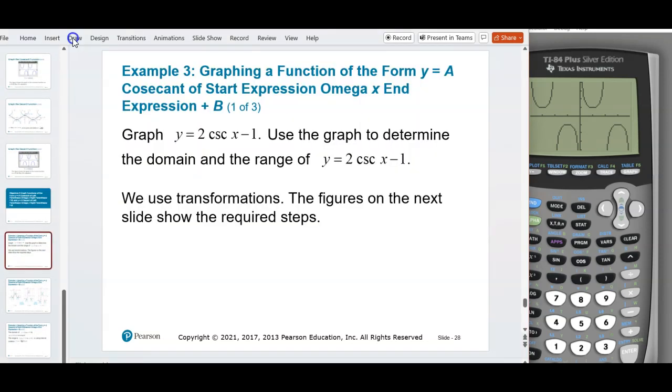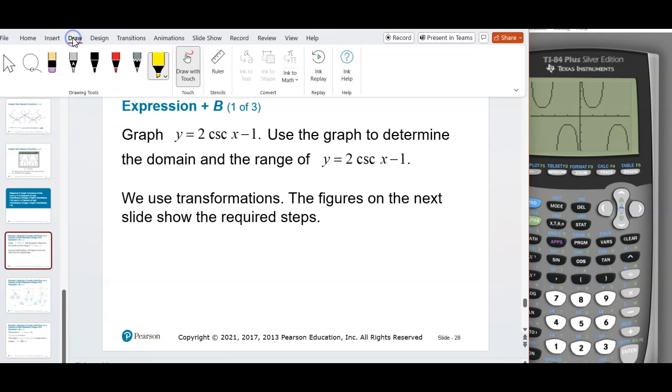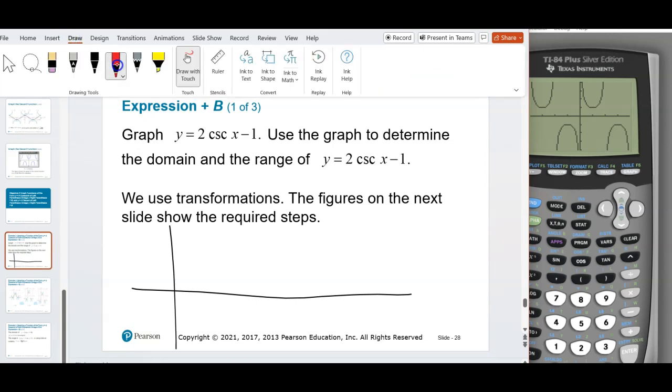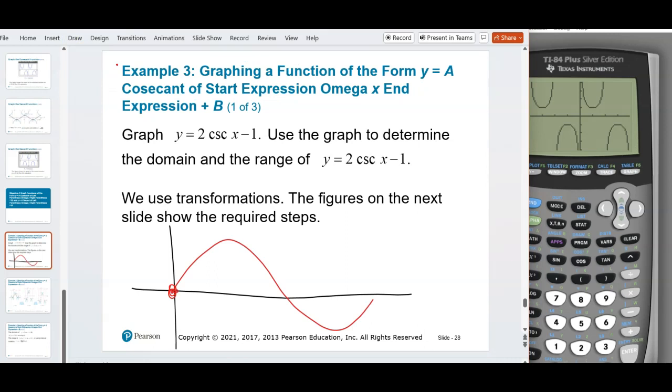Now we're going to do some alterations of the sine curve, which will lead us to alterations of cosecant. The big thing we're going to do is shift the sine curve first. For the sine curve, those quarter period points that we plot were the initial point, and 2 pi units away was the full period.